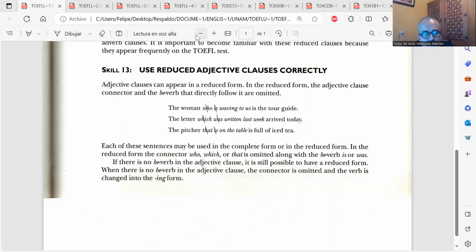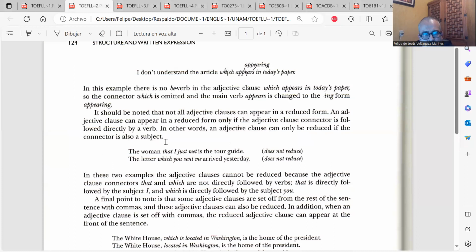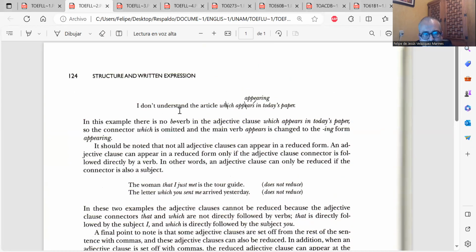Okay. Then, like they say here, I don't understand the article which appears in today's paper. So the article appears, so it's an active voice. So we eliminate the marker and we change the verb to ing.